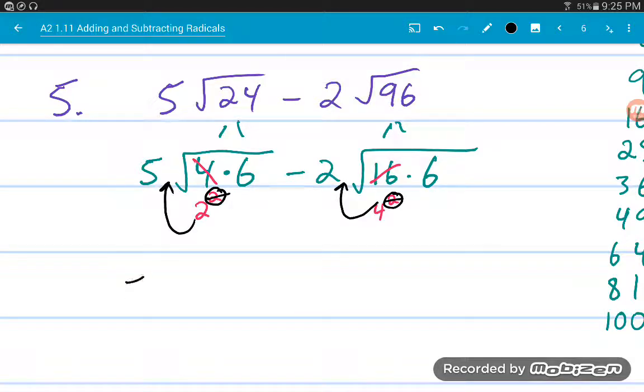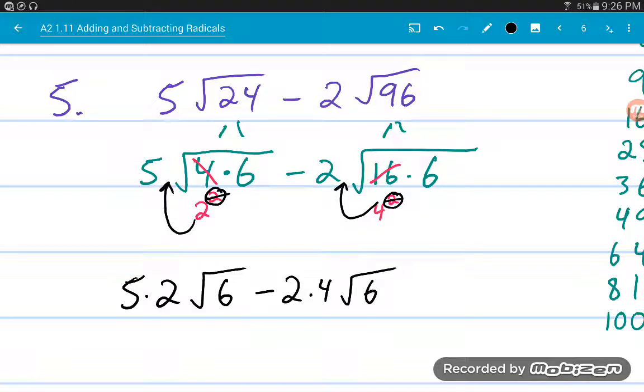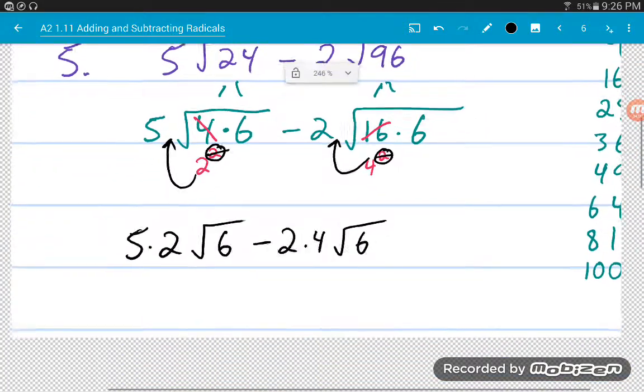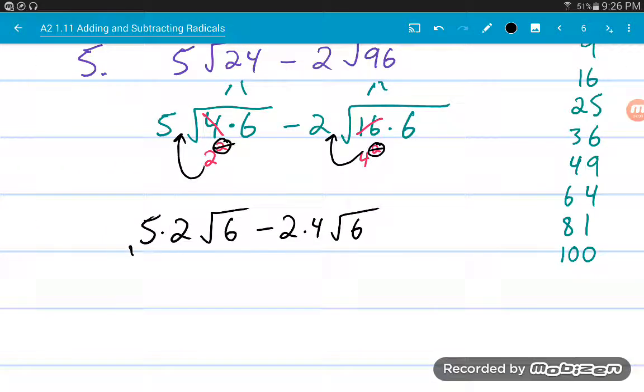So on the outside on the left, I have a 5 times 2. The 6 is still stuck underneath, minus 2, then I have times the 4 that came out, and I have a radical 6 still stuck underneath over here. I can simplify these, 5 times 2 and 2 times 4. 5 times 2 is 10, so I've got 10 radical 6, minus 8 radical 6.